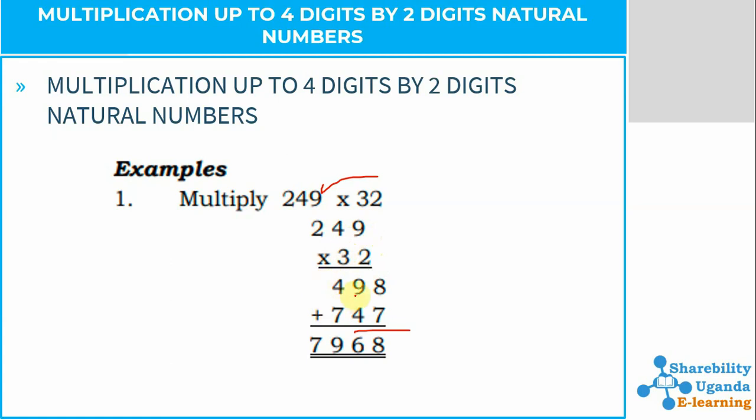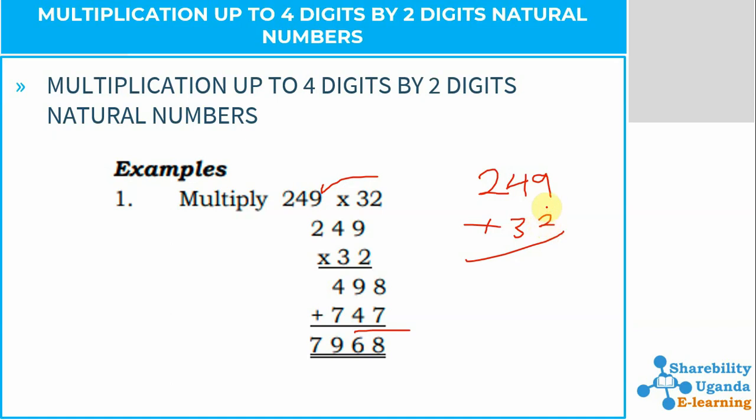After we have multiplied, we add the products. So this is how it is. Let's write it afresh here. We have our 249, then we have our 32. We are going to multiply this to come up with the answer.